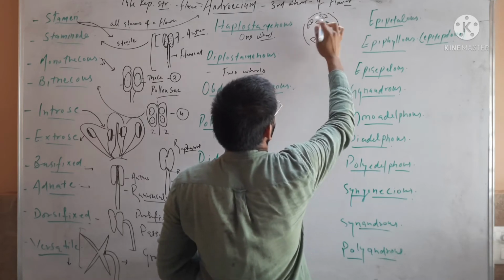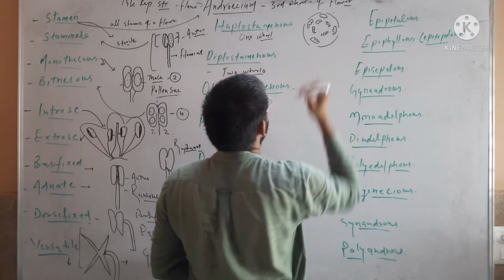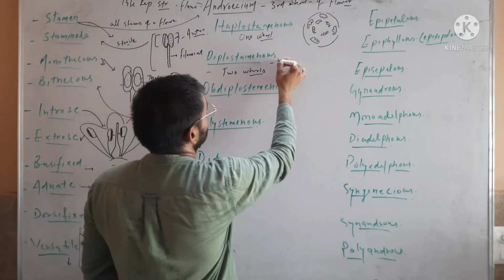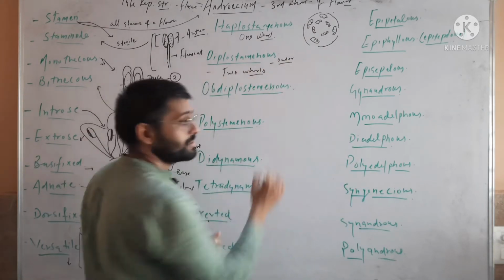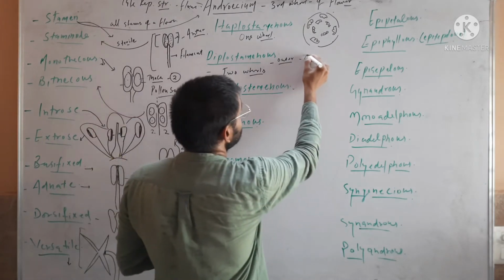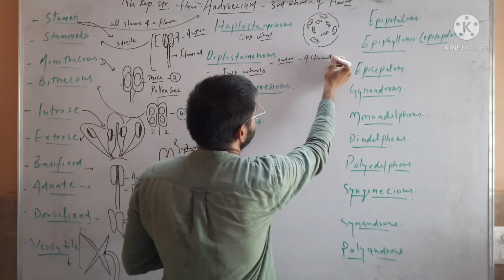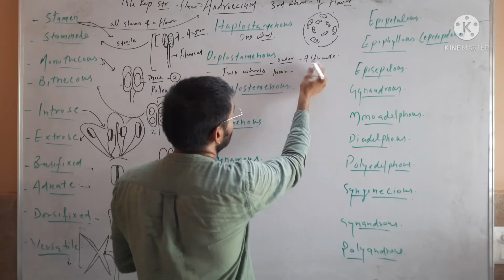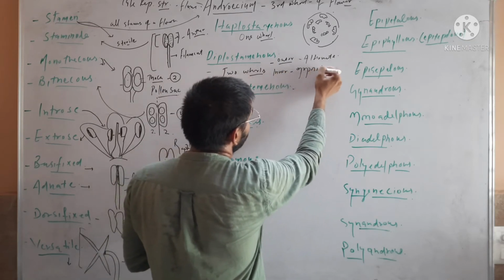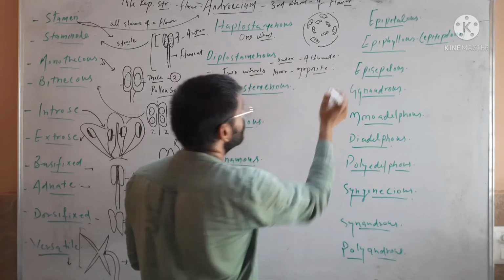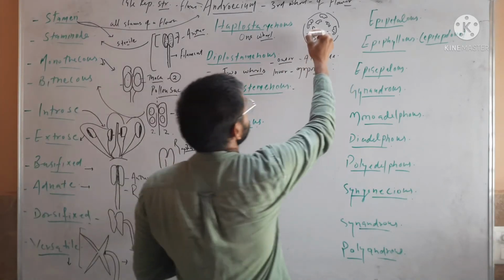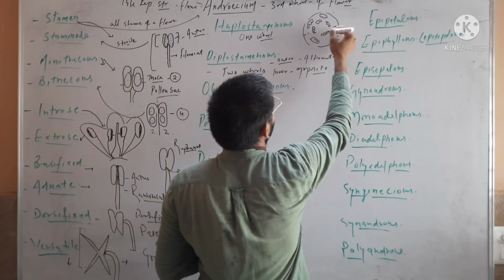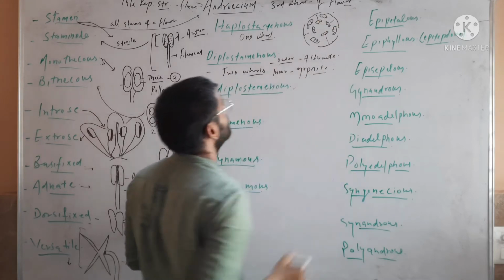Two whorls of stamens: the outer is alternate to petals, and the inner whorl of stamens is opposite to petals. So it is just opposite like this.